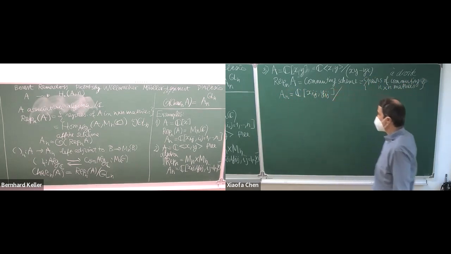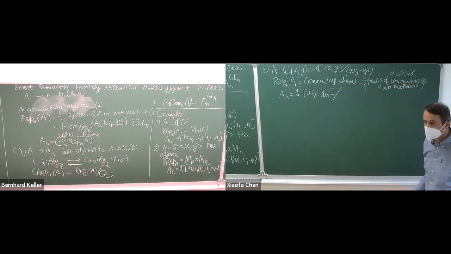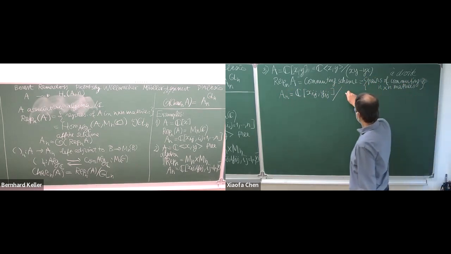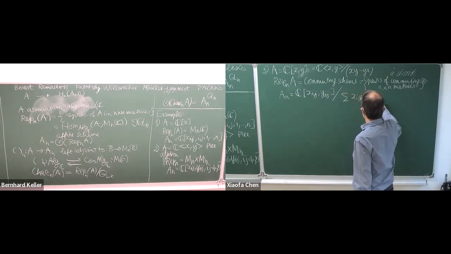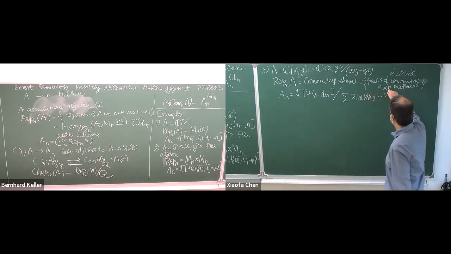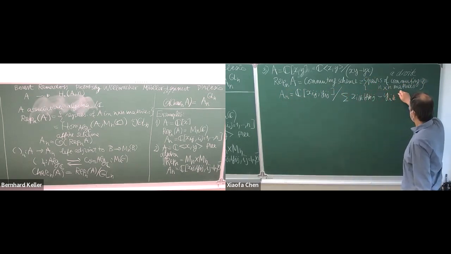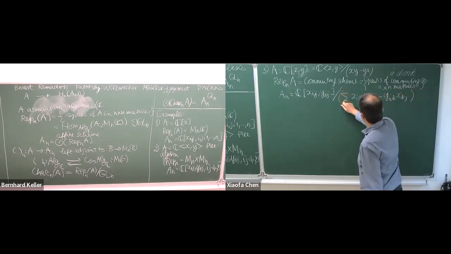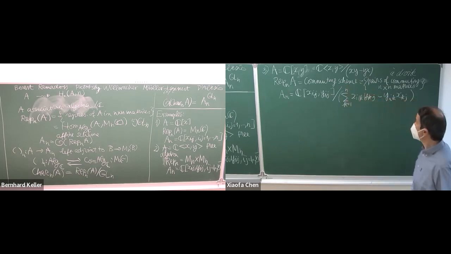But then you have to quotient by the relation that these two matrices commute. So you have the sum over k of x_ik y_kj minus y_ik x_kj is equal to 0. Okay, so this is a kind of singular scheme.